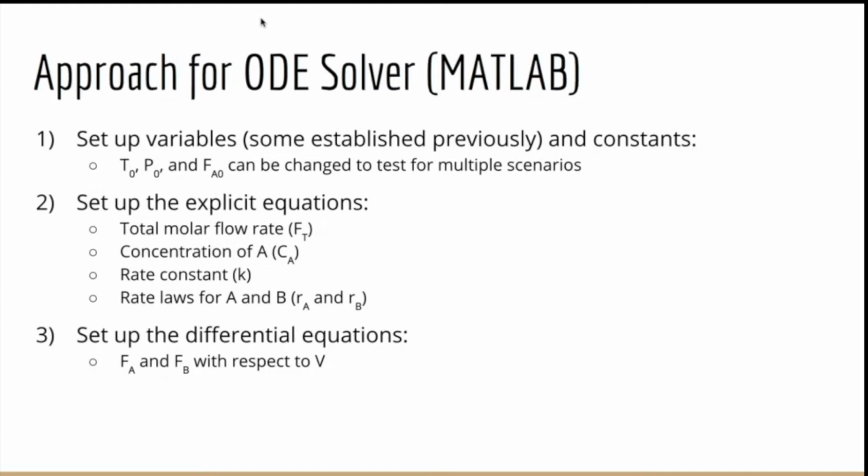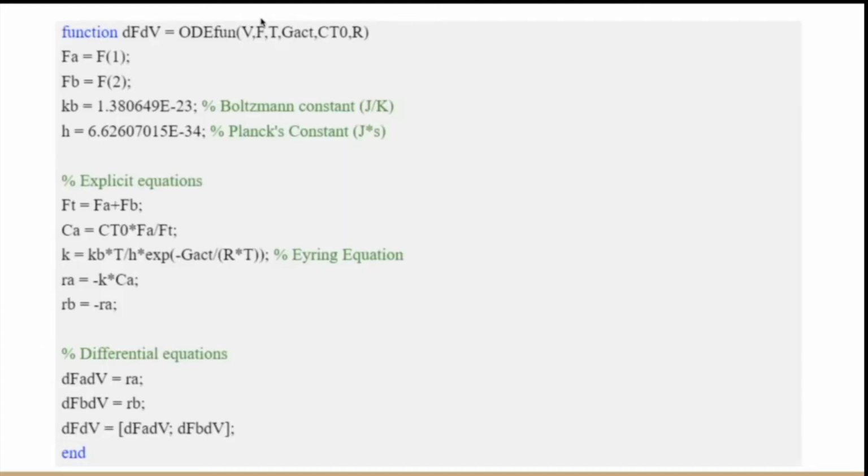Then we wrote the explicit equations such as the total mole flow rate, the concentration of CO2, rate constant, and rate law. And finally, we set up the differential equations for CO2 and formate, from which then we can obtain conversions and then plot them versus volume. And this is basically the code in which you can see steps 1, 2, and 3 from the approach we took.